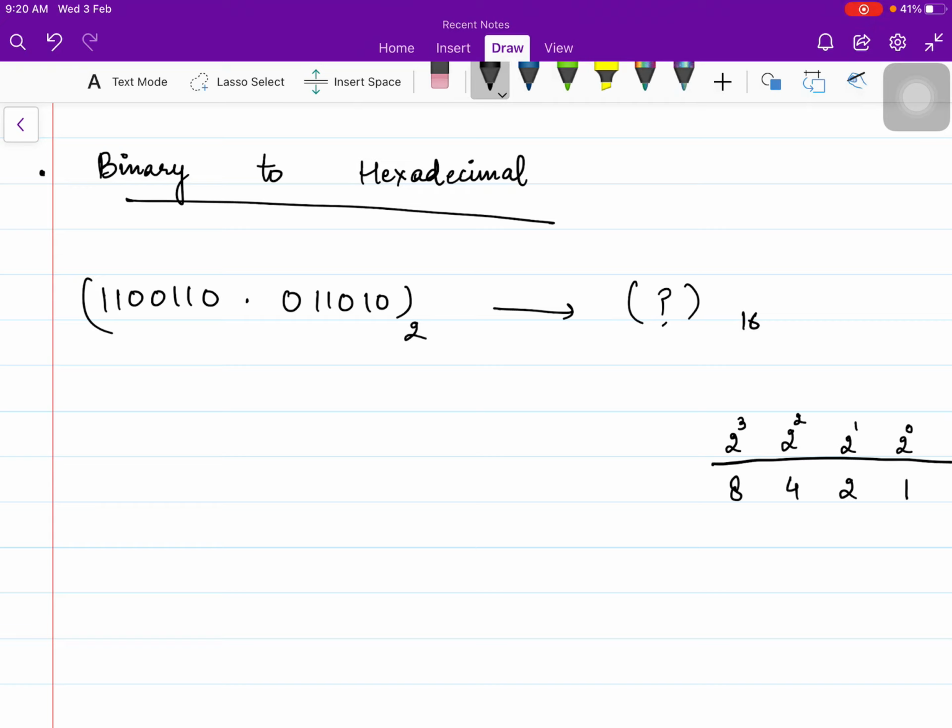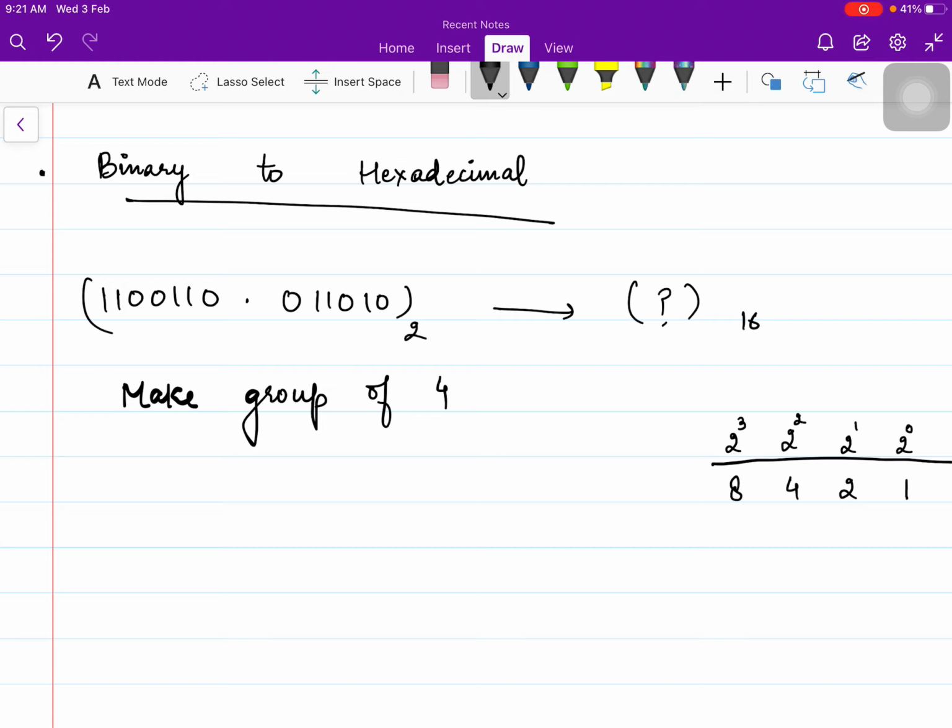And in the case of hexadecimal, 15 is the maximum number that you are going to get for each digit. So 8, 4, 2, 1, you have to use this combination, and this is a set of 4 digits. So you have to make a group of 4.